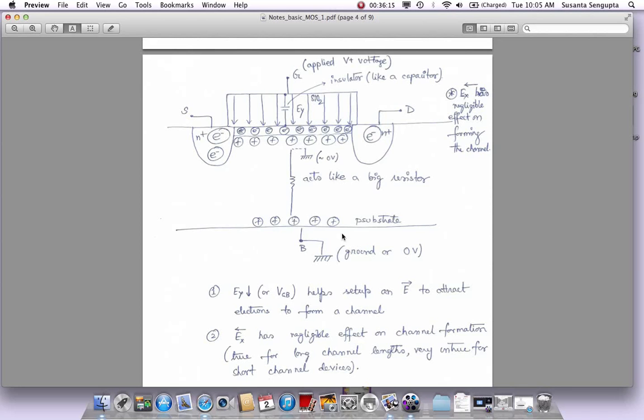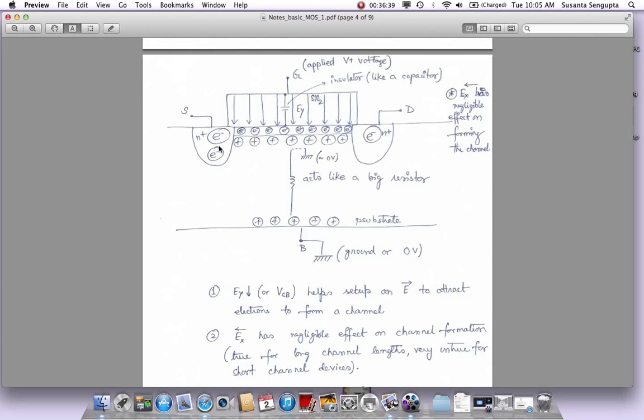Okay, so I think we already talked about it, that the EY is the one from V gate to bulk. Gate to bulk, and in many cases bulk is shorted to the source. So if source and bulk become equal, you will also see the term VGS a lot of times. But really the formation starts by looking at the bulk, and this is a misconception a lot of designers have, they think that you just look at the voltage from gate to source.